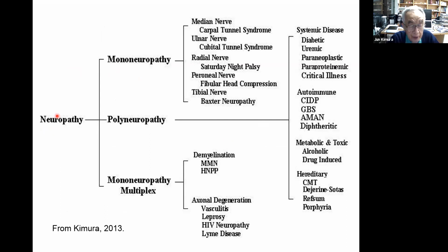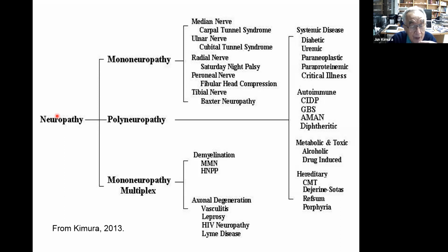I don't have a slide here, but you can divide neuropathy into, let's say, acute, subacute, and chronic. Acute neuropathy, an example being Guillain-Barré syndrome, happens very quickly.